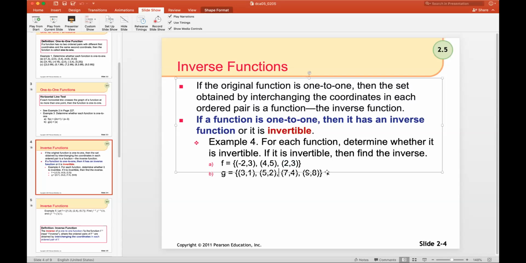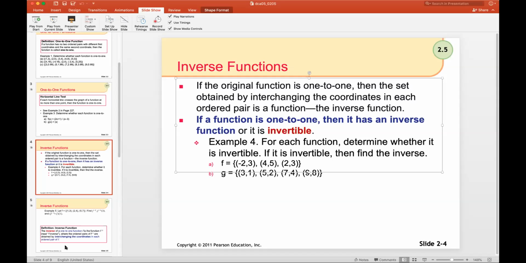Then what's the inverse function? Just interchange the first and second coordinates. So (3, 1) becomes (1, 3), (5, 2) becomes (2, 5), (7, 4) becomes (4, 7), and (9, 8) becomes (8, 9). That's going to be the inverse function.